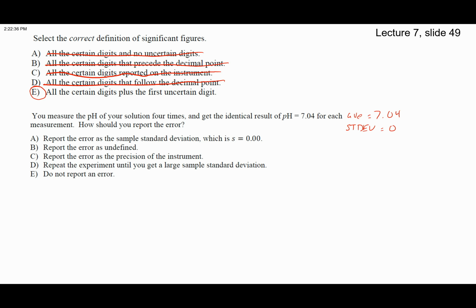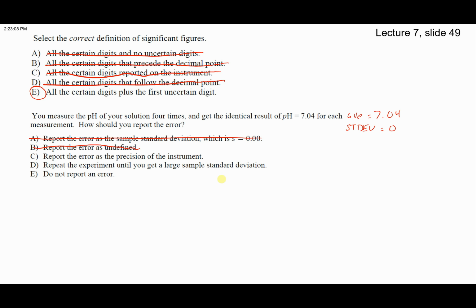Let's see. Report the error as the sample standard deviation, which is S equals 0. Nope, you can't have 0 error. We already talked about that, so that's a big old no. Report the error as undefined. No, we do have a defined error. If we can't do this, we can do the instrument. Report the error as the precision of the instrument. That is absolutely true, but let's continue reading just to make sure that is the best answer.